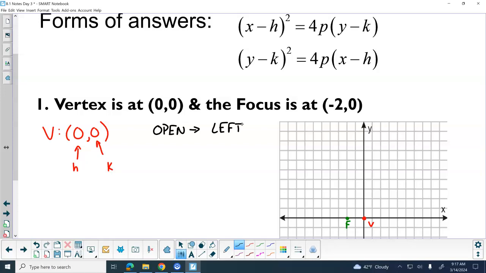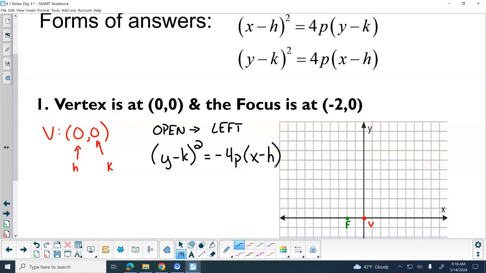Which one of these, top one or bottom one, is my equation for a left opening? Bottom one. So now I've got y − k, quantity squared, equals negative 4p times (x − h). That's what my answer is going to look like.